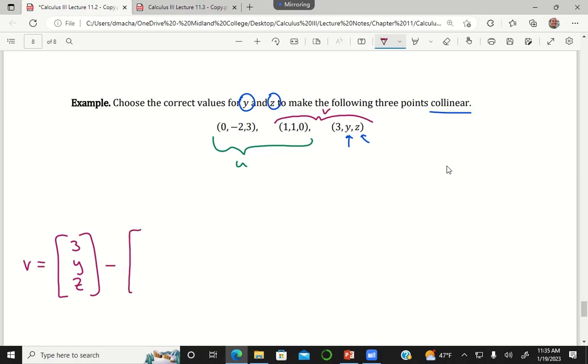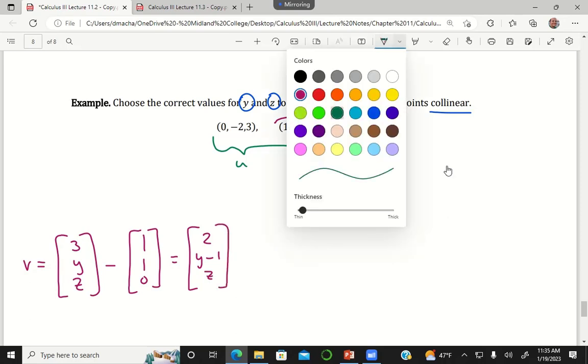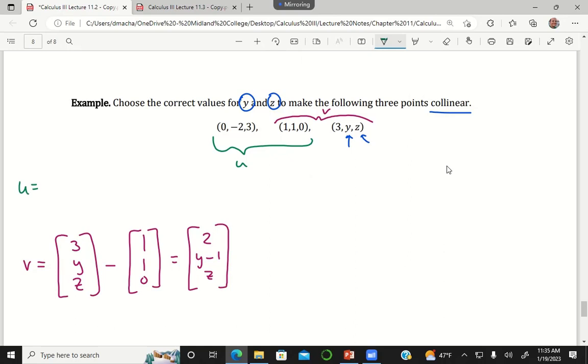So I've got this for my v vector. 3 minus 1 is 2, and then I have y minus 1 and z for my v vector. For my u vector, I'm going to have 1, 1, 0, minus 0, negative 2, 3, and that is 1, 3, negative 3.